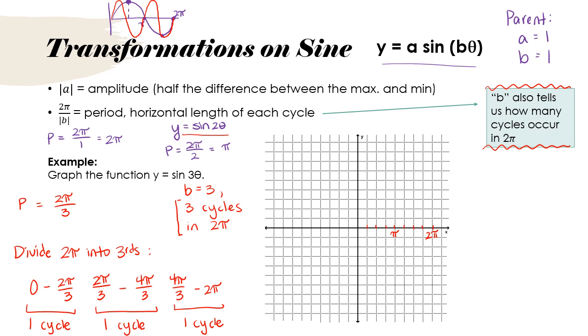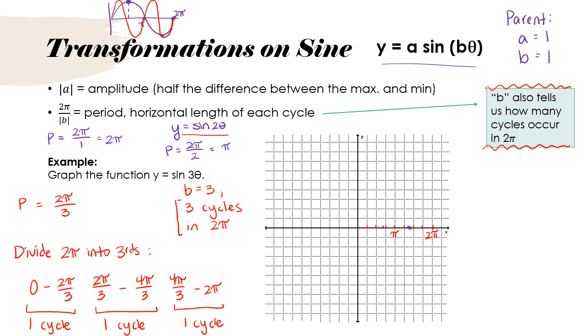So let's get an idea of where my various border points are here. So starting with 2 pi over 3. I'm going to estimate, okay, what is about 2/3 of pi? So maybe about here-ish would be 2/3 of pi. Now my next border point would be 4/3 of pi, so maybe about here-ish.